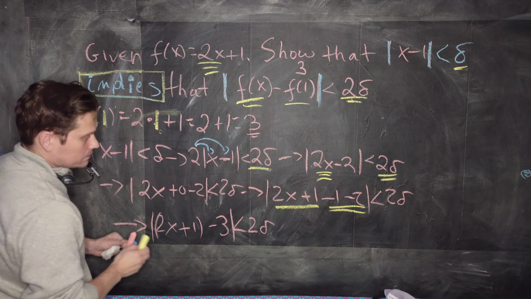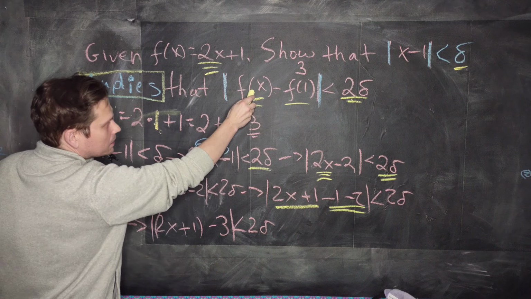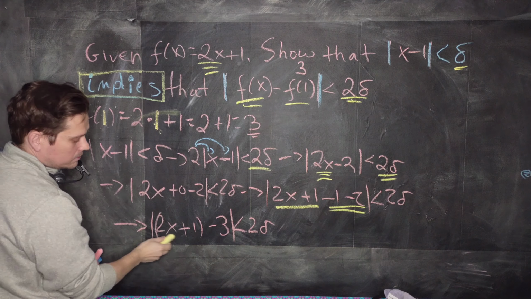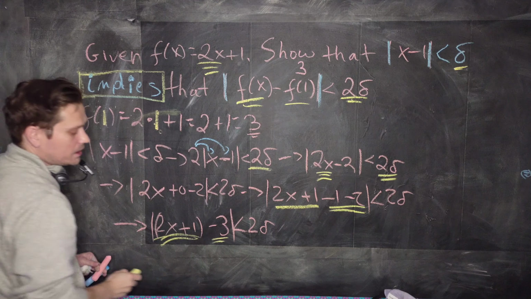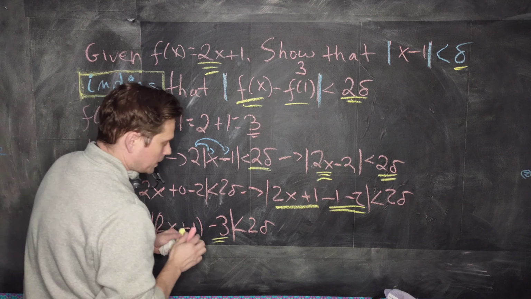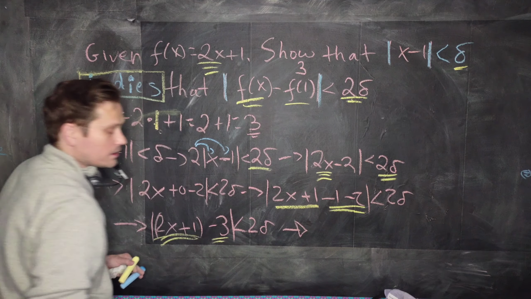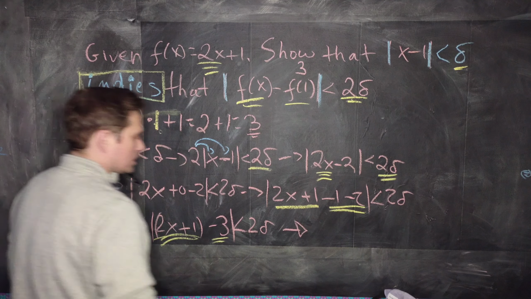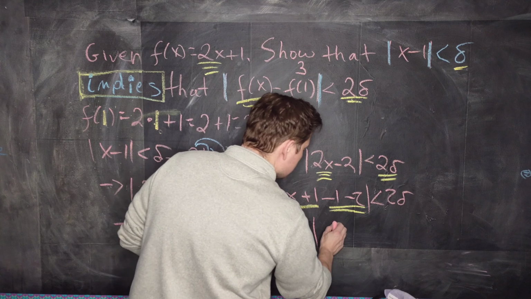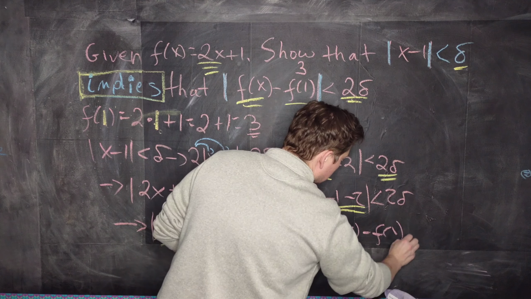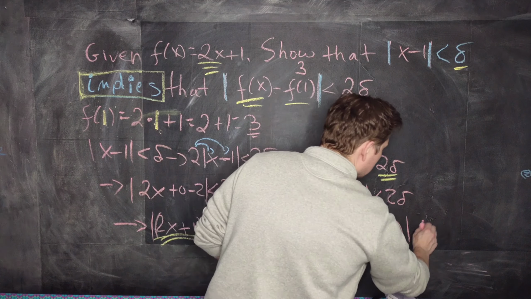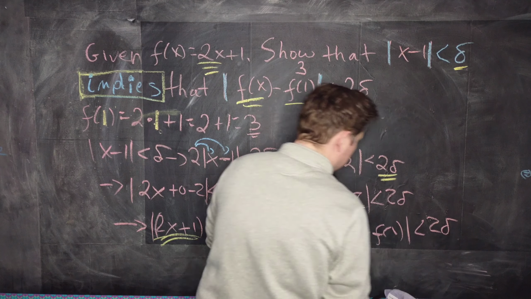But of course, as we set out to prove, this f of x is 2x plus 1, so this part is done, right? And then f of 1 is just 3. In other words, to finally finish up, we can say that the following is what we have found. In absolute value bars, f of x minus f of 1 is, as we said, less than 2 delta, right here.